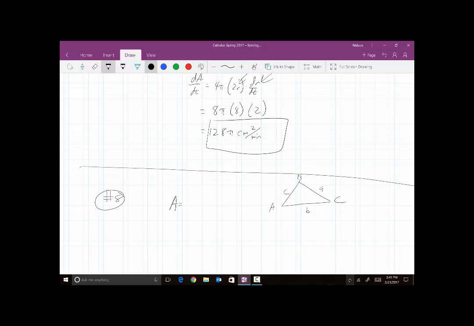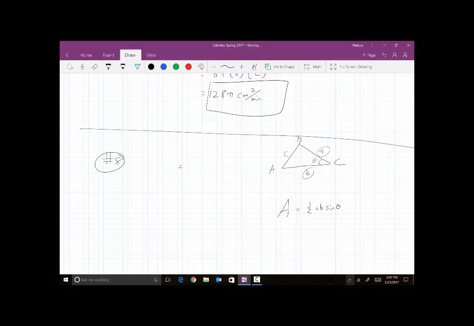If you've got sides a and b and included angle theta, side angle side, then the area, an uppercase A for area, is going to equal 1/2 times a times b times the sine of the angle between them. Okay, great.